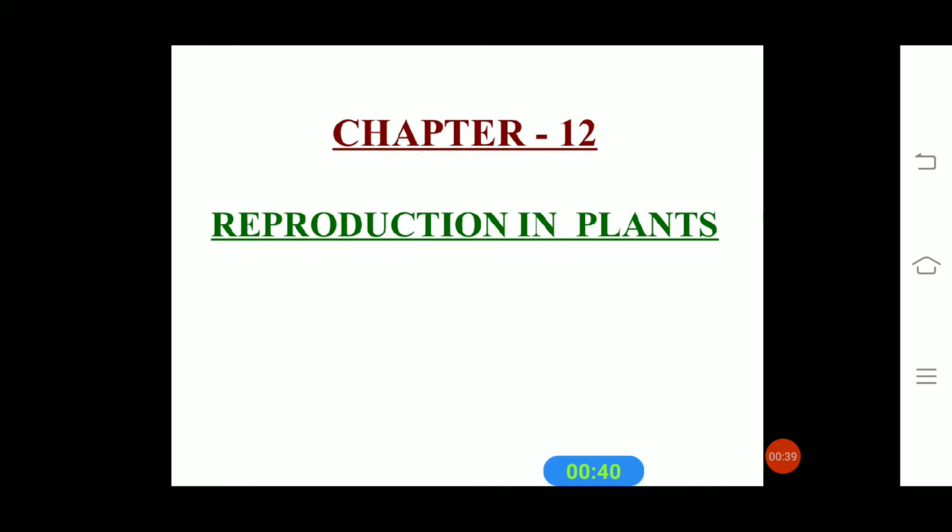In asexual reproduction we studied the different modes: vegetative propagation, budding, and spore formation. These are some of the asexual reproduction modes that we discussed in the earlier video.